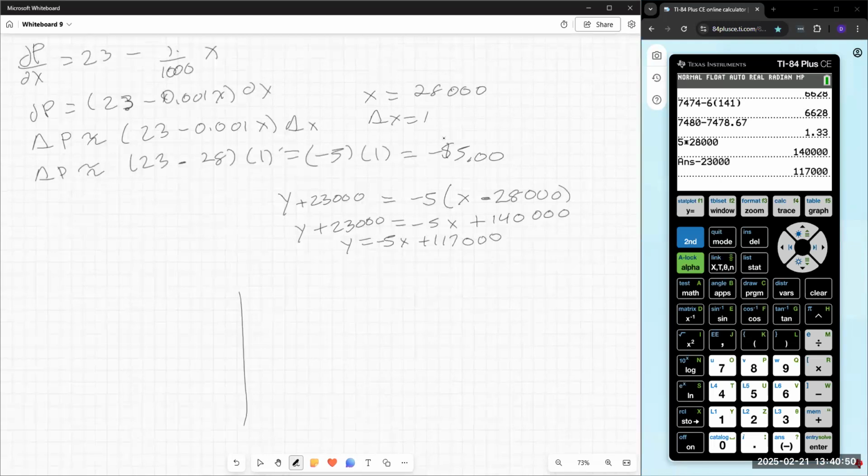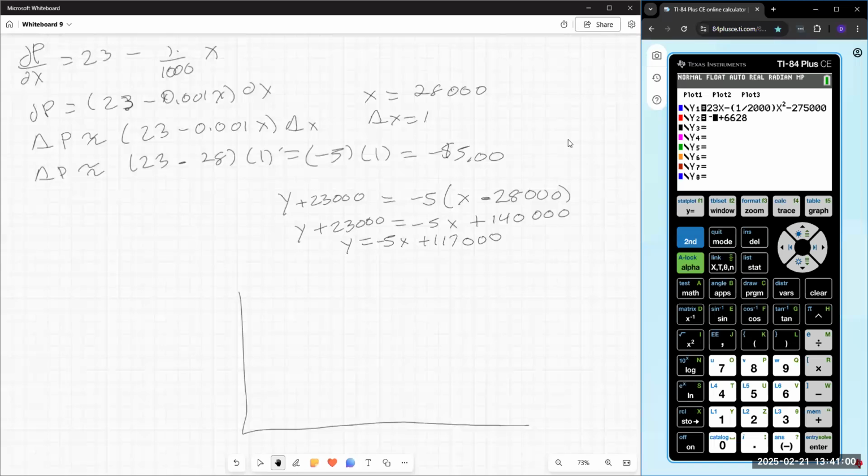Then I can say, all right, we have a profit curve, so let's just let the calculator draw this for me. -5x plus 117,000, and I want to be close to 28,000. So let's go 27,500 to 28,500 by increments of 100.